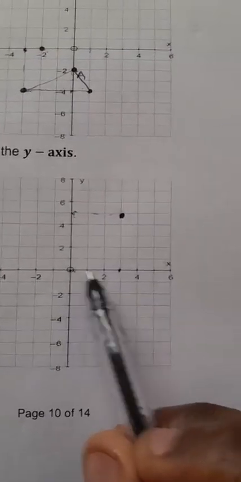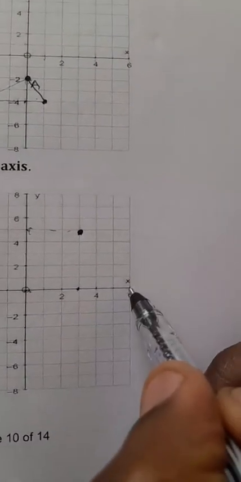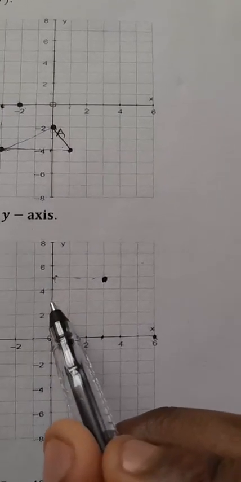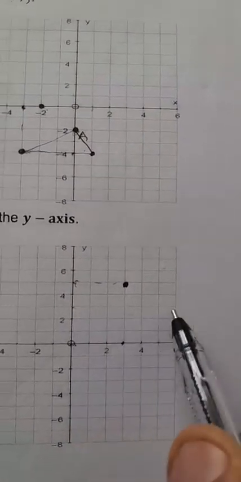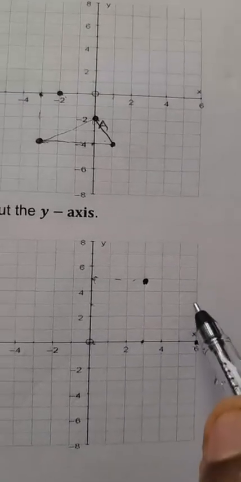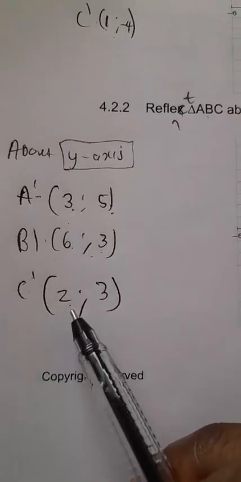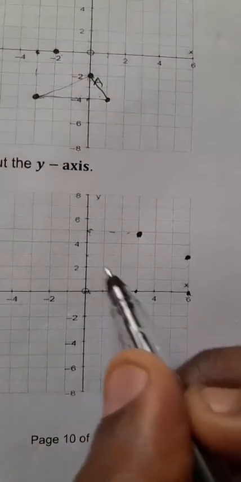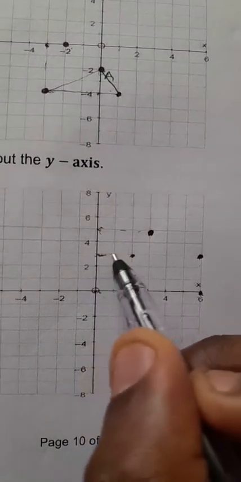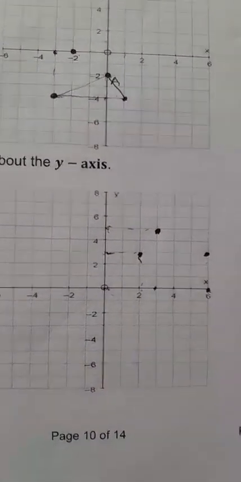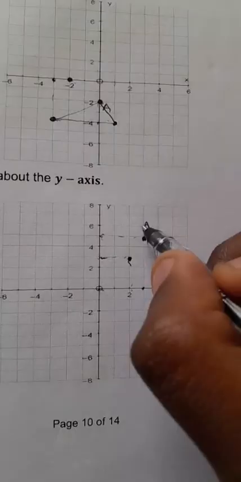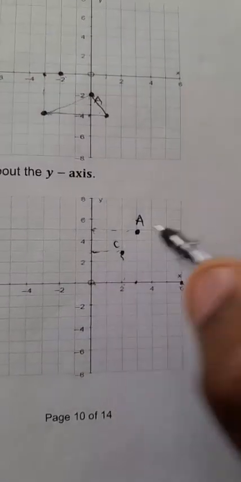Where is X? 6 is here. 3 for our beautiful Y. Y for 3 is here. Where do they meet? They meet exactly here. Then last but not least, C. X is 2. Y is 3. That's here. We meet here. So that's A, B, C.